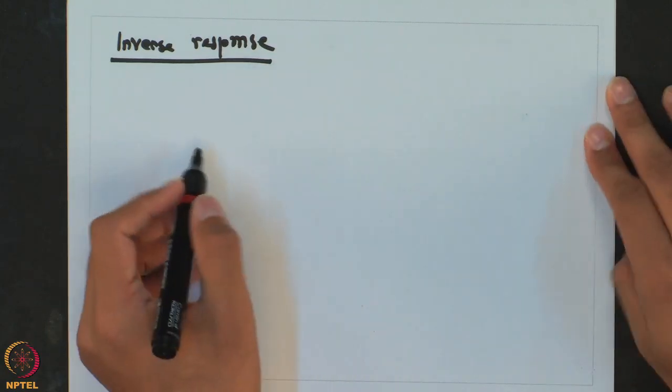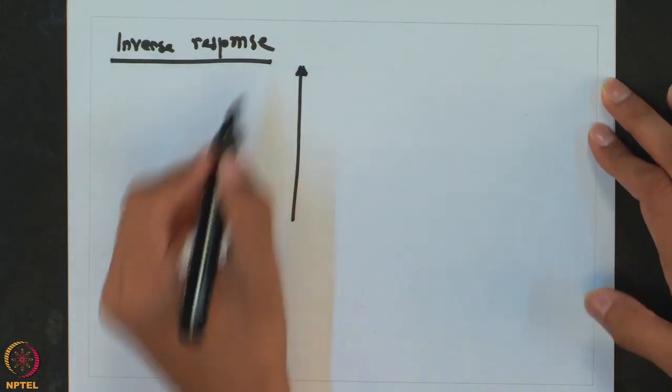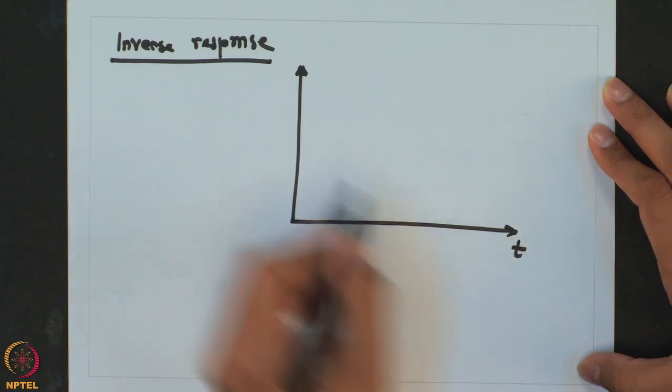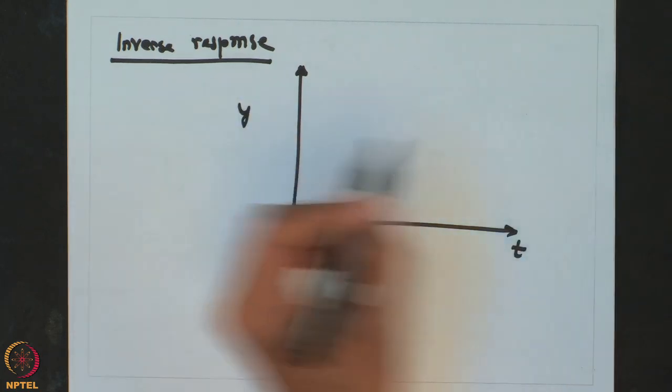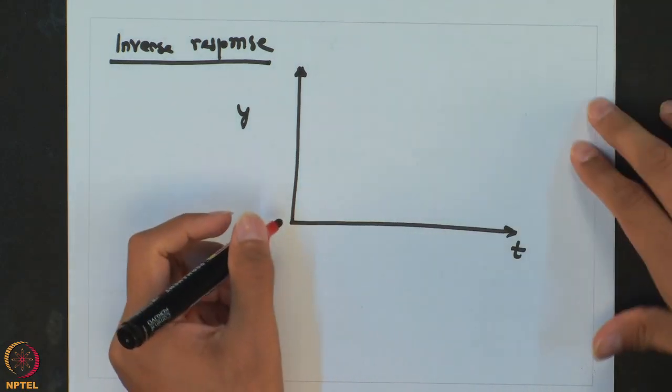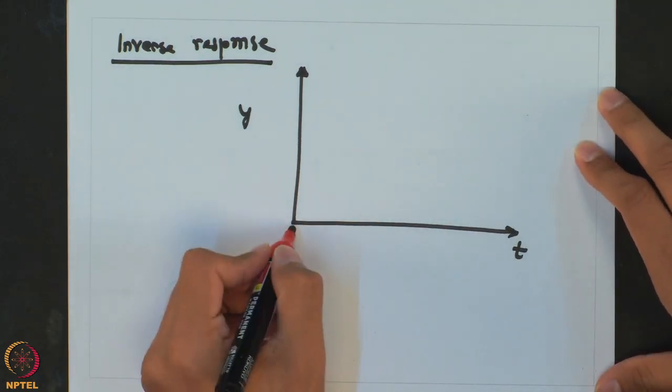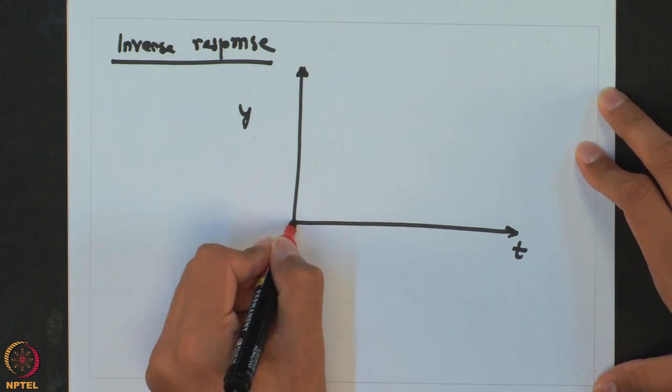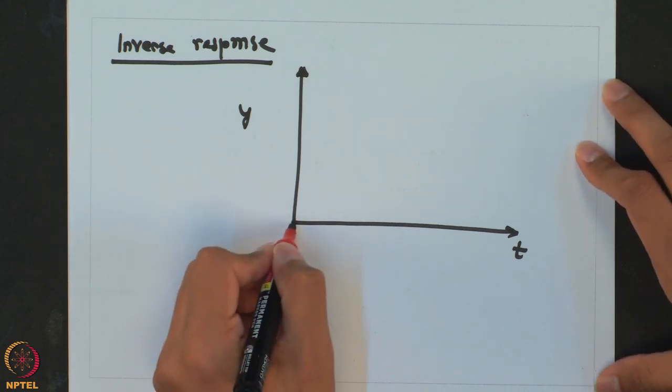So, inverse response is a type of response when the initial direction of output is different than the final direction of output change.